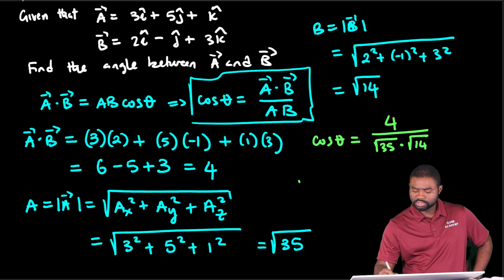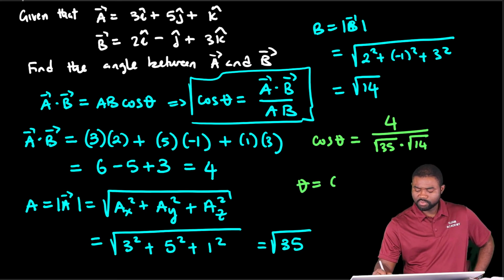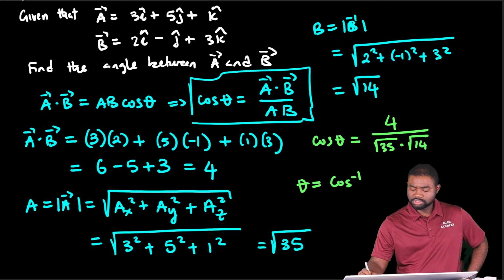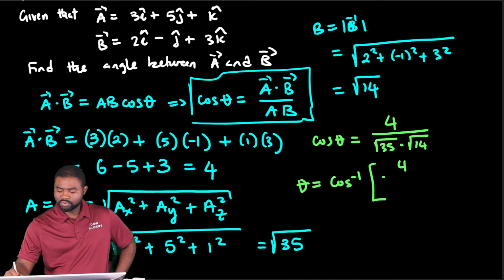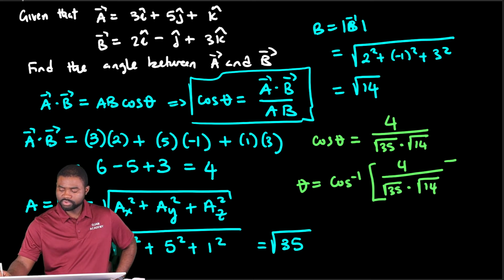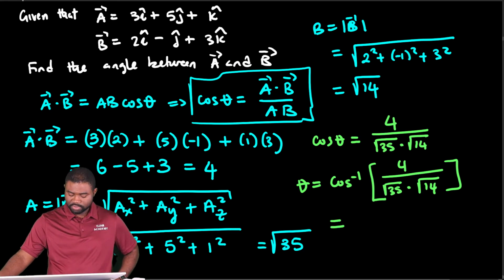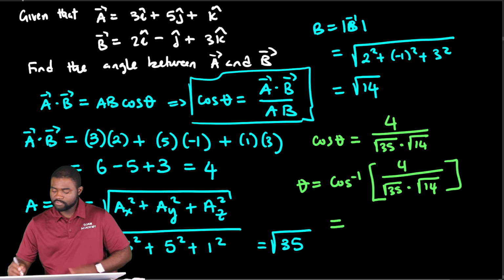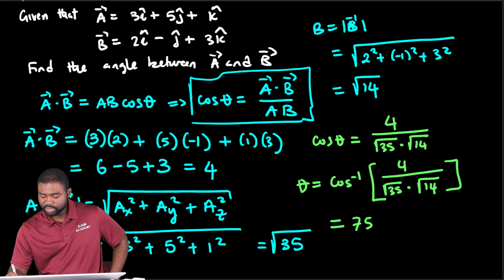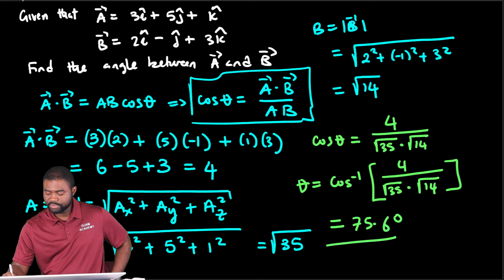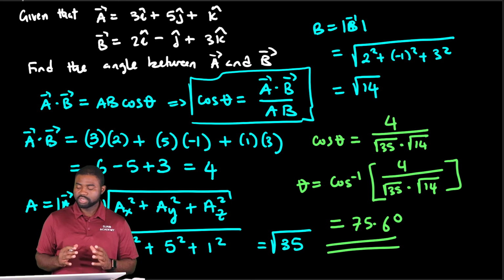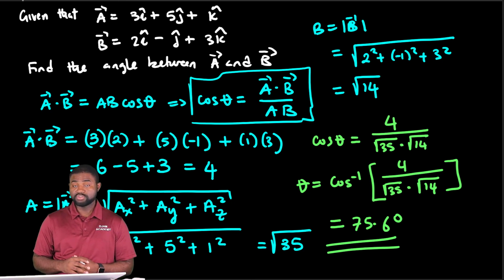In other words, theta will be equal to the cos inverse of 4 divided by the square root of 35 multiplied by the square root of 14, and that will be equal to, let's do the calculation together. So the answer here will be 75.6 degrees, and that will be the angle between vector A and vector B.